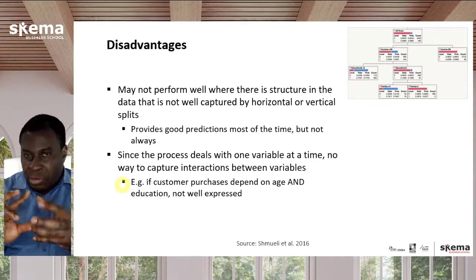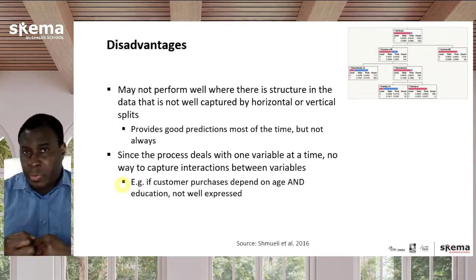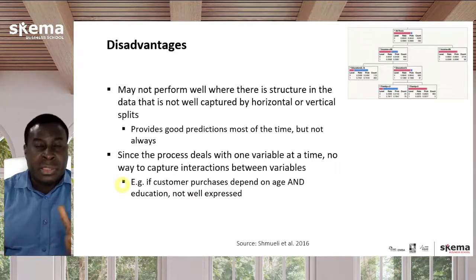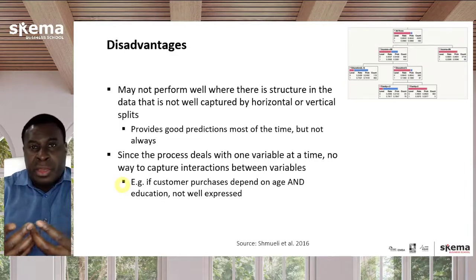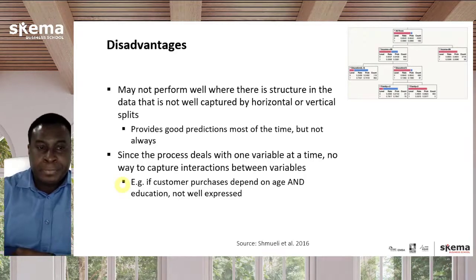When you have to look at them both at the same time to find significant effects, decision trees do not capture that very well. Again, that comes out to the result that some data sets will not be able to be handled very well by decision trees, and they will not have good predictions.